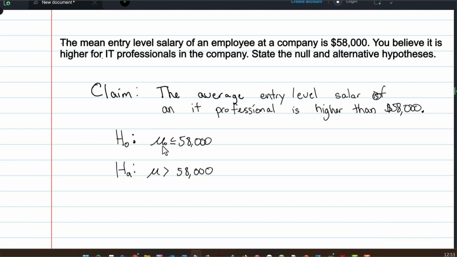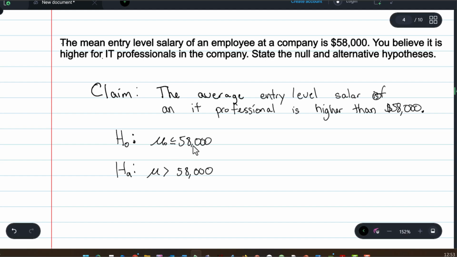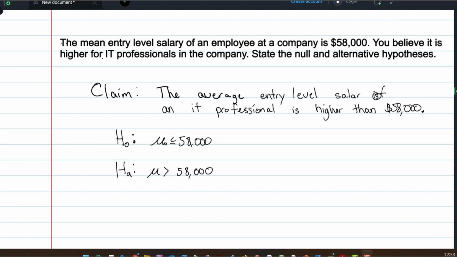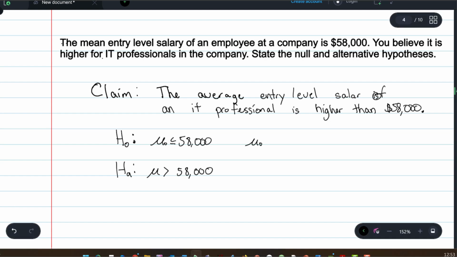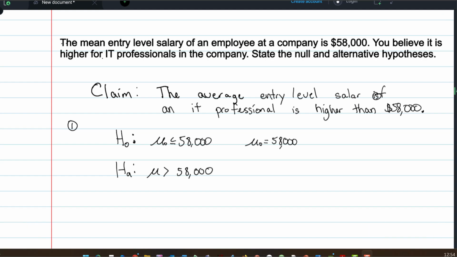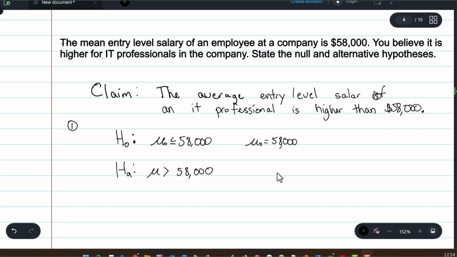It turns out a hypothesis test requires us to assume what the average is, so that we can use something like the central limit theorem to test how far our sample is from the assumed average. For the most part, you should think of the null hypothesis as equaling a number, and usually it's the number given to you in the claim. So this is what part 1 of the post would look like if I were to post this.